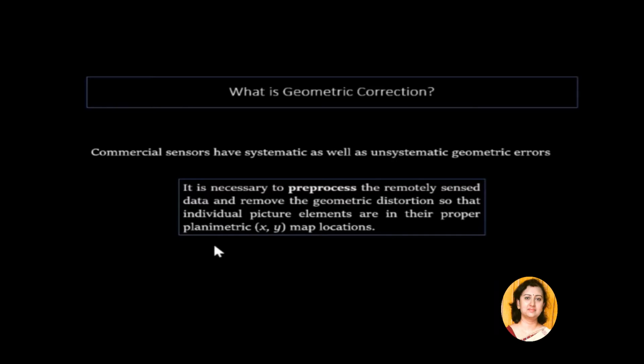Now, if the location is wrong, and you are trying to locate it through the satellite image, maybe the actual location is about 100 meters away from the area, or say 500 meters away, and it will point to a wrong object, which is not desirable at all.